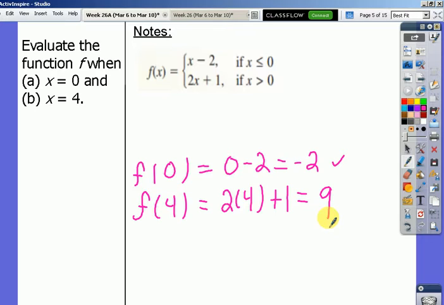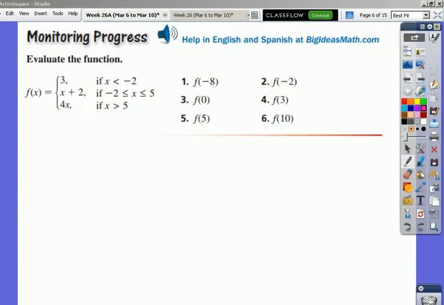Okay, so the next set, we're going to walk through some of it together since that one was kind of tricky last time. So you have 3 choices here, like I said. You have to look at the first one. It wants you to look at whenever x is negative 8. So you ask yourself, can I plug it in the last one? Is negative 8 greater than 5? No. So you can't plug it in the last one.